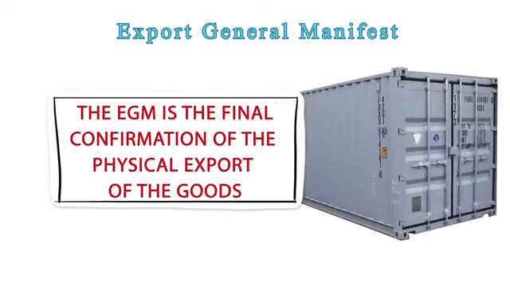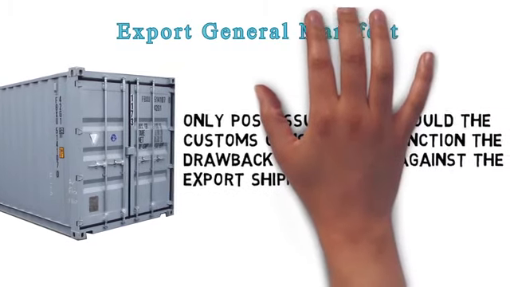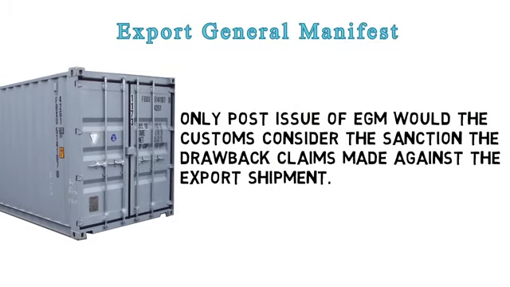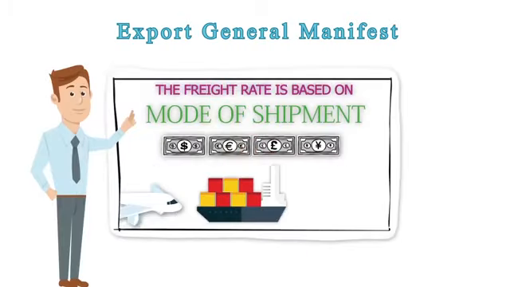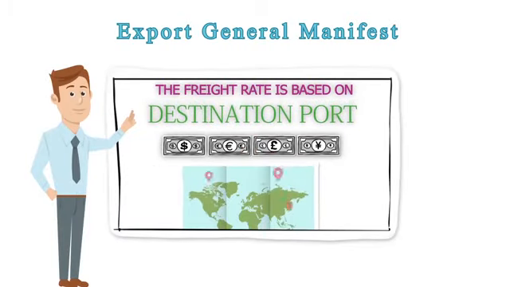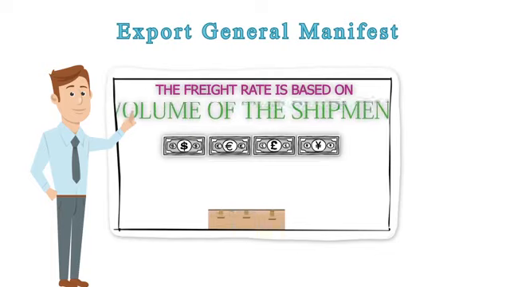The EGM is the final confirmation of the physical export of the goods. Only post-issue of EGM would the customs consider the sanction of the drawback claims made against the export shipment. We will discuss about drawback claims in further videos.